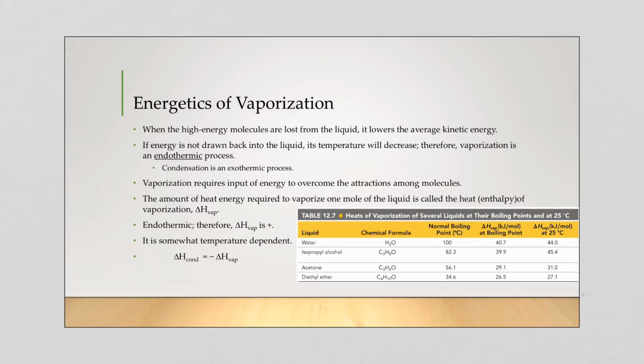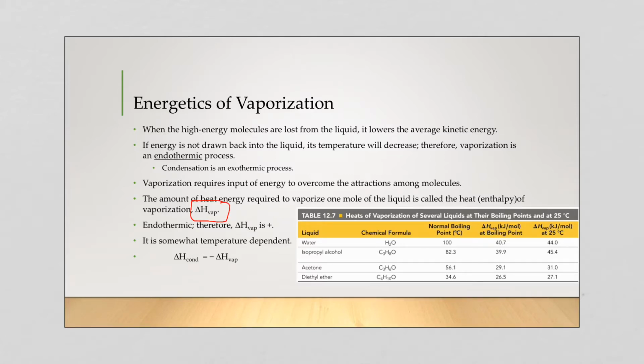So, since it requires input of energy to occur, how much energy does it require? Well, this amount of energy is quantified as something called the enthalpy of vaporization, or sometimes called the heat of vaporization, which we abbreviate as delta H sub vap.